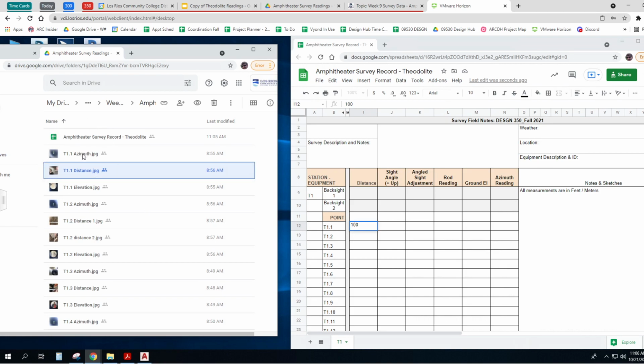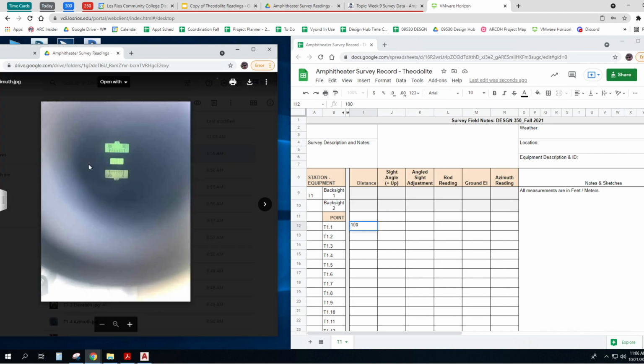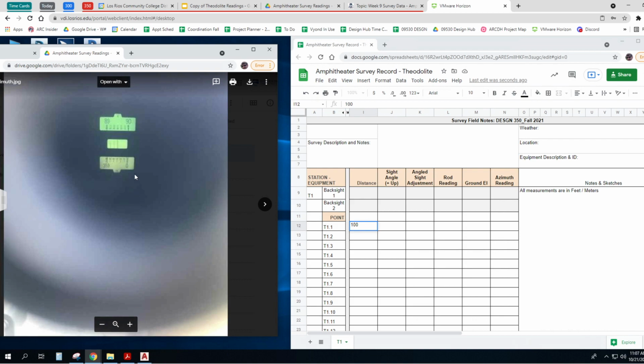And then I'm going to find everything in my azimuth one, right? And so this was a level sight. I think you can see that. It's not great, but you can see it. That one is a level sight. So there's no adjustment needed, right?